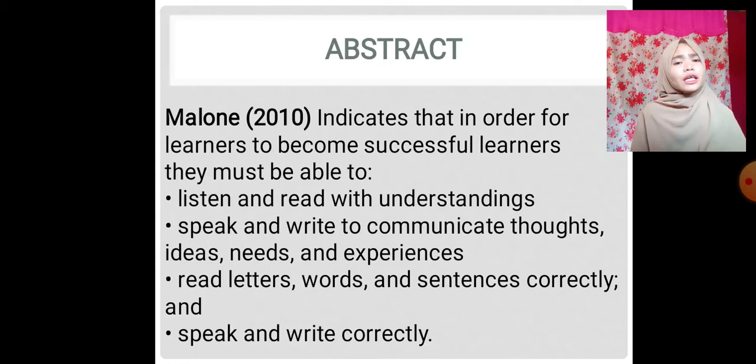In the year 2010, Malone indicates that in order for learners to become successful learners, they must be able to listen and read with understanding. So we must read and listen with understanding so that we cannot misinterpret what someone is talking about.